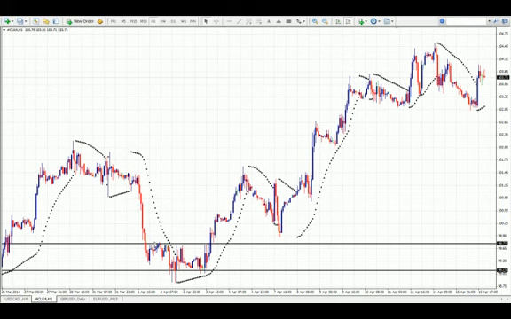Now we hit this area of consolidation, and here we have a break above the parabolic SAR, but price failed to break this high right here. Remember, you can only take blind signals from the indicators, but the really important thing you need to do is take notice of the levels in the market that are being broken and that are holding.